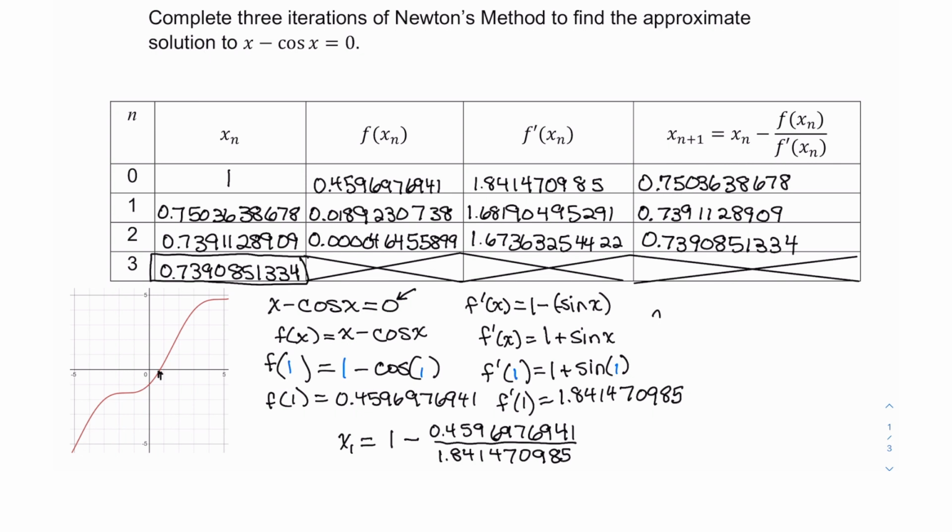So we have our x sub 3 is approximately equal to 0.739085134. And that's Newton's method to approximate the solution of x minus cosine x equals 0 and completing 3 iterations.